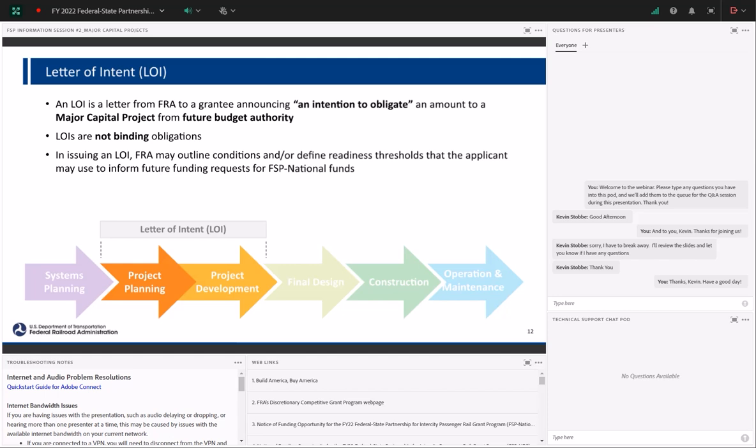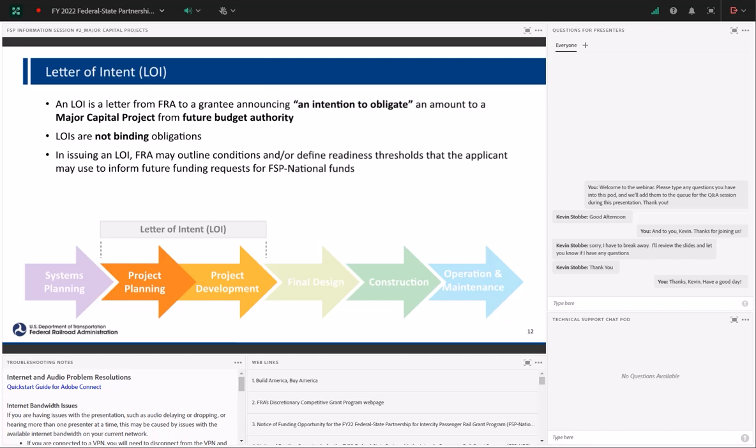So first, I'll talk through the letter of intent, or LOI. As illustrated on this slide here, the LOI is confined to the project planning and project development lifecycle stages. The LOI is a letter from FRA to a grantee announcing an intention to obligate an amount to a major capital project from future budget authority.